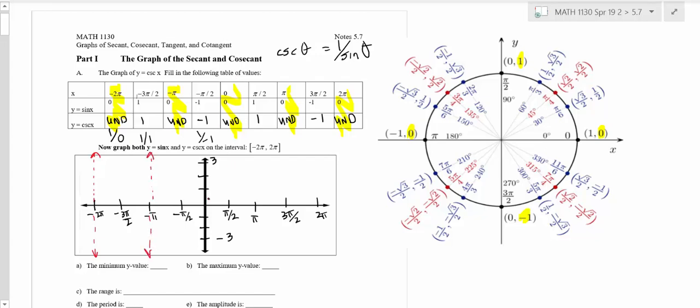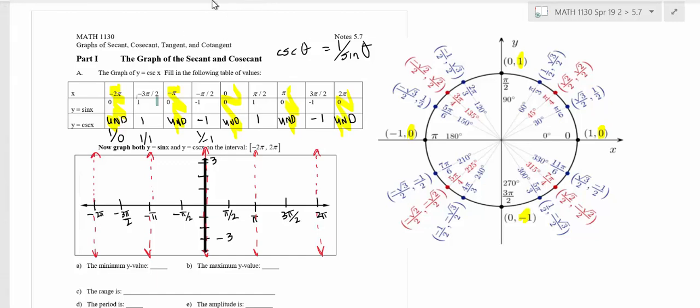And at x equals 0, in other words, the y-axis is a vertical asymptote. And then you have one at pi, and you have one at 2 pi. Okay, like that. So you always have these asymptotes. The secant and cosecant graph have an infinite number of vertical asymptotes.